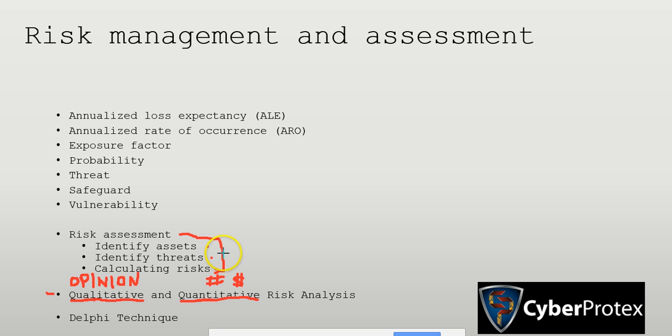All right, so now that we've gone through from the bottom up here, we're going to talk about some of these other things. We have a couple of different things that I want to talk about really quickly that you absolutely will see on the exam. One of them is the SLE, the single loss expectancy.